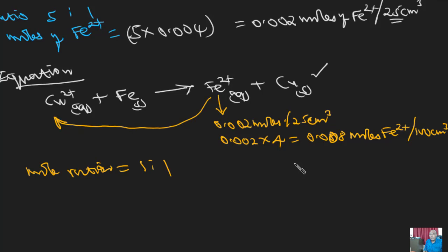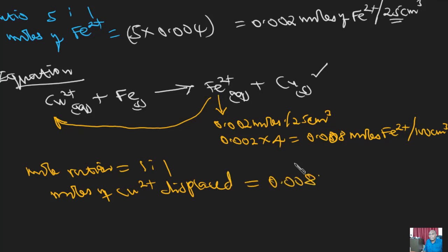Therefore, the number of iron 2 ions released is equal to the number of copper ions which were displaced. So moles of copper ions displaced is therefore equal to 0.008 moles.